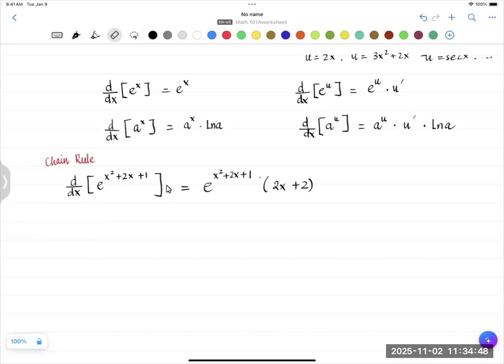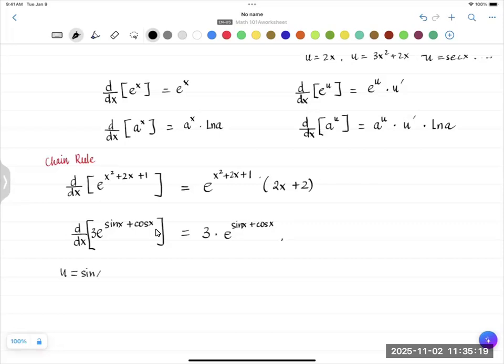If your exponent is something different, like trigonometry, so e to the power sine x plus cosine x, we do the same thing. Or you may have a coefficient. If there's a number in front of the e, this is a constant coefficient. When you have a constant coefficient, the number stays the same, and then we take the derivative of e, which stays the same, and times u prime.